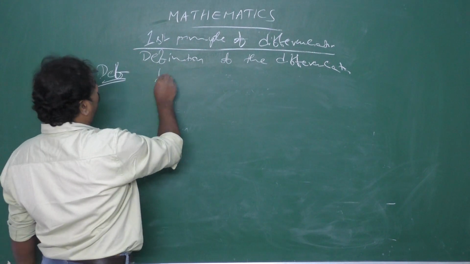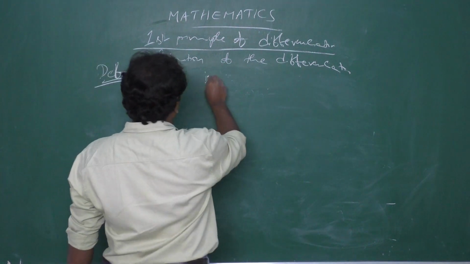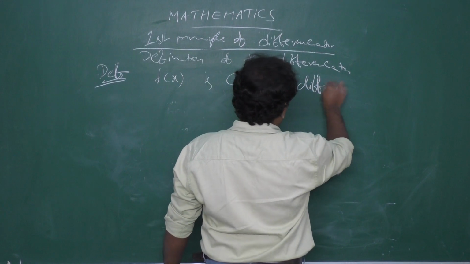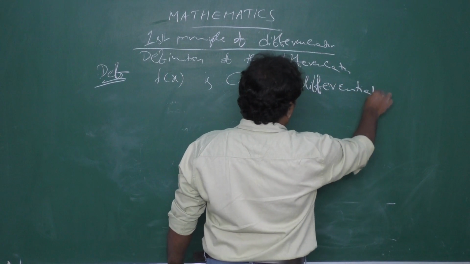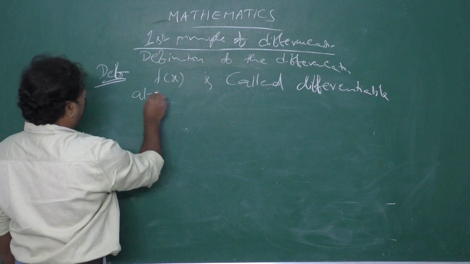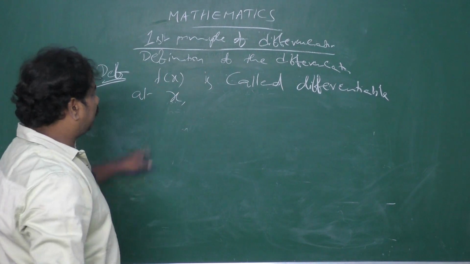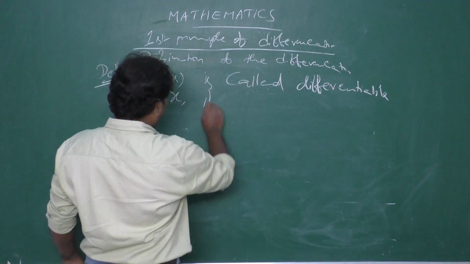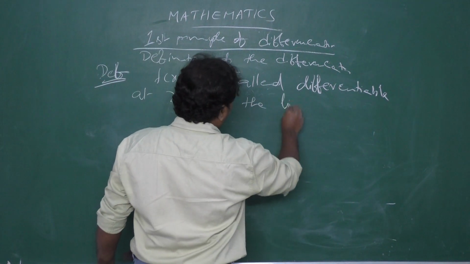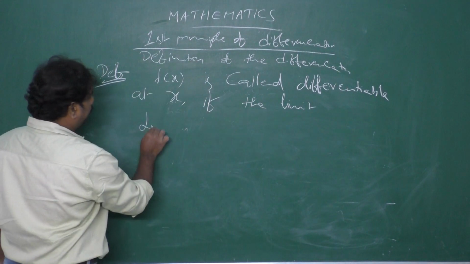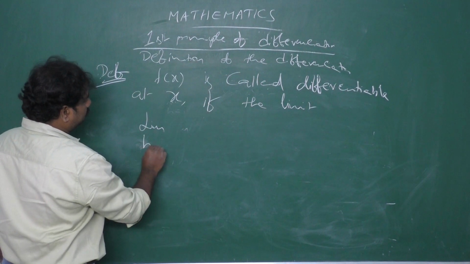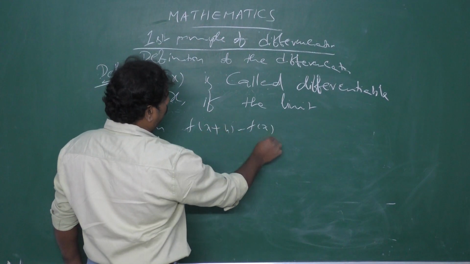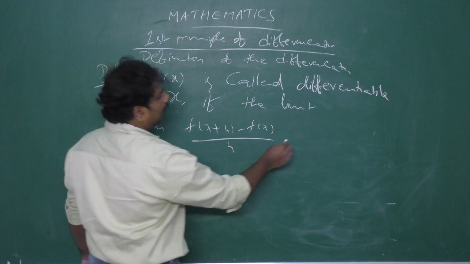A function f of x is called differentiable at x if the limit as h tends to 0 of f of x plus delta x minus f of x by h exists.